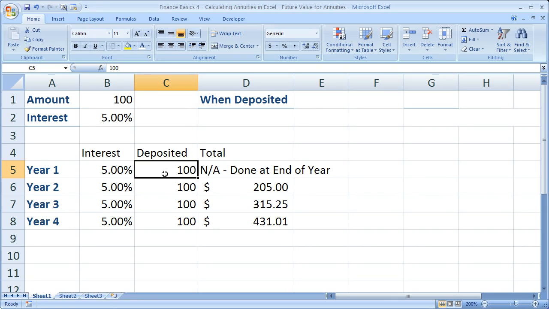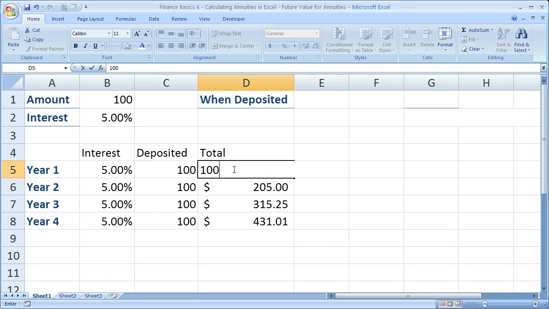As well, you'll see later the default setting for the Excel function we're going to be using also assumes that. So the assumption is that you're depositing the money at the end of year 1 unless otherwise stated. So that's why the total amount at the end of year 1 says not applicable, but really it would just be $100.